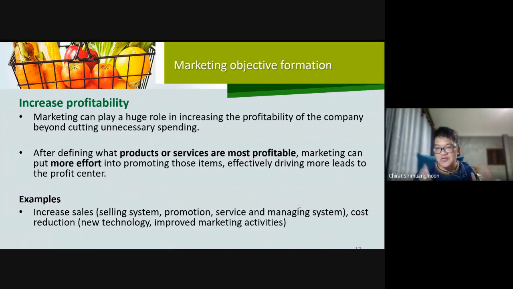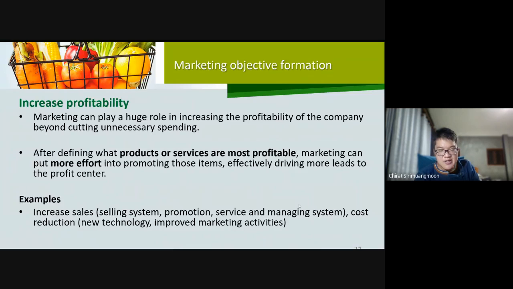Then you need to focus on those products. In fact, you cannot focus on all products because it costs too much and you don't have much time. So you need to analyze and select the most profitable.